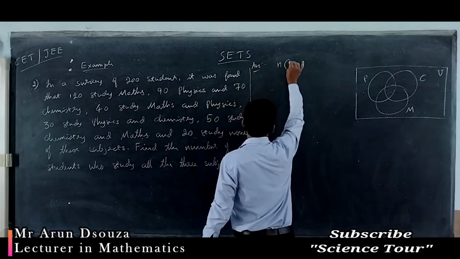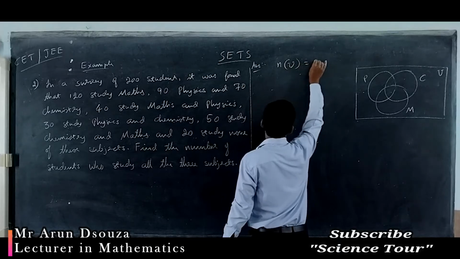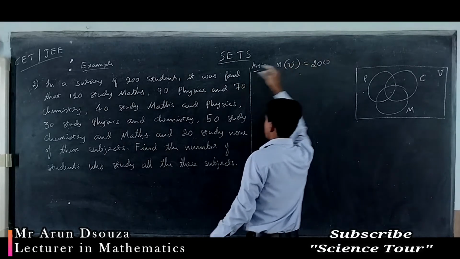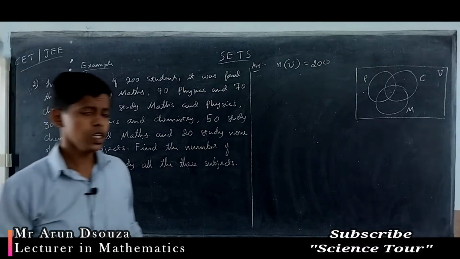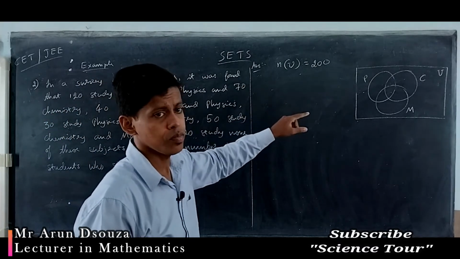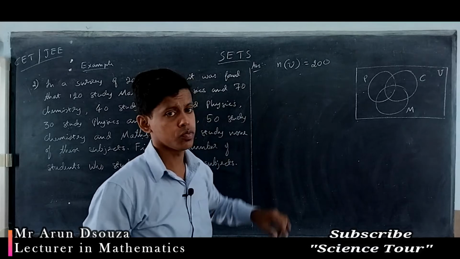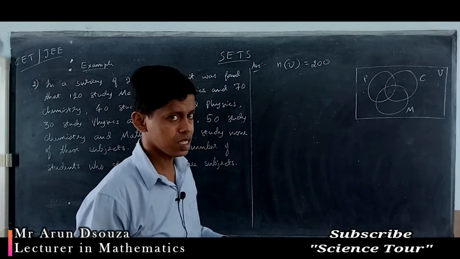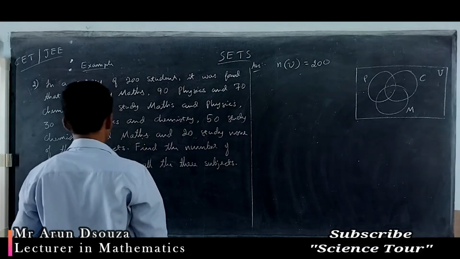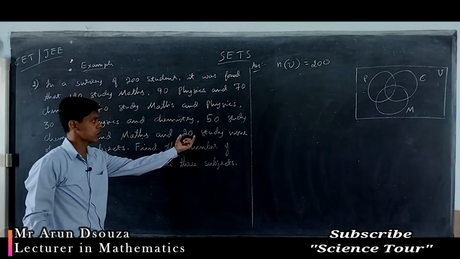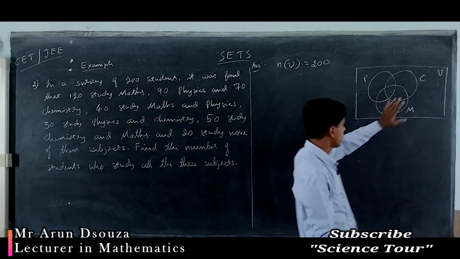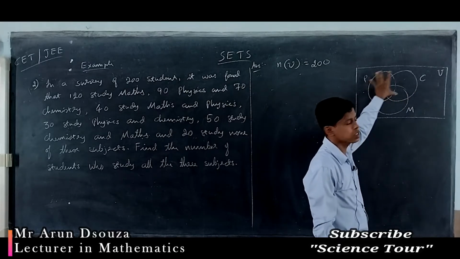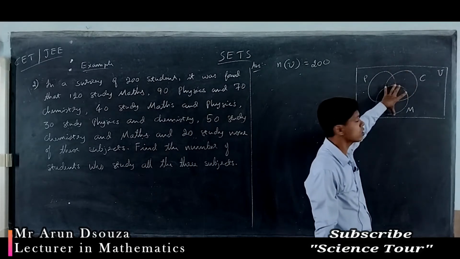So what is n of u? The universal survey of 200 students. Here P union C union M may not be equal to n of u. It's definitely not equal, because there are 20 students who study none of these subjects. So 20 students don't fall under the physics circle or the chemistry circle or the maths circle.